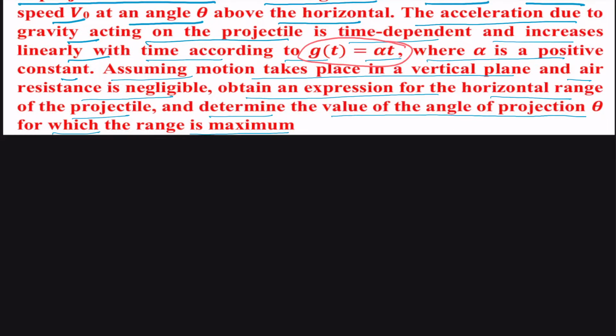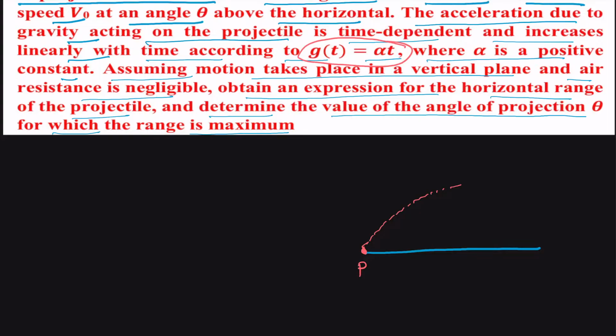So let us draw the basic figure. Let us suppose this is a horizontal and the projectile is projected from point P, and let us suppose it takes a path something like this.